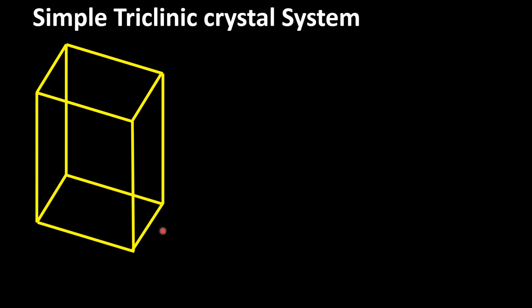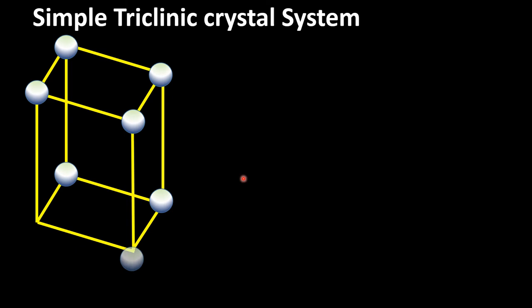This is our least symmetric crystal structure. So this is the lattice. Now we bring the atom to these lattice points. In this way, each corner lattice point has the atom. Now it becomes the triclinic crystal system.